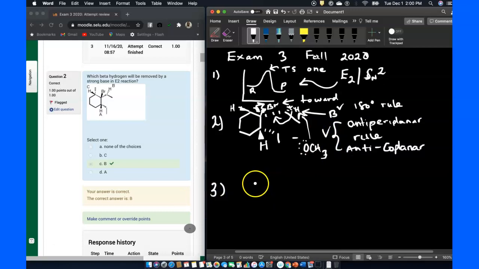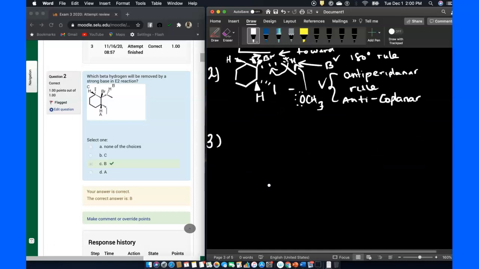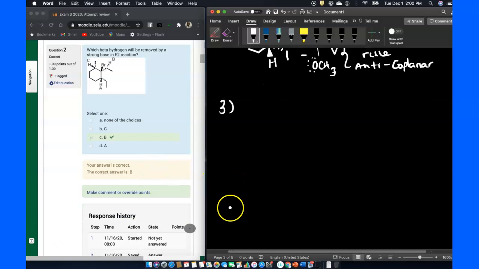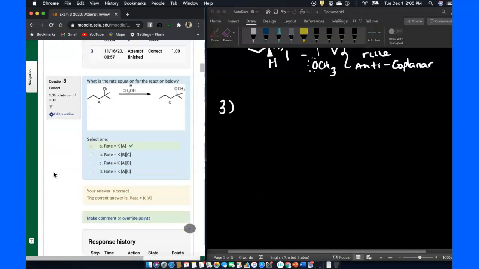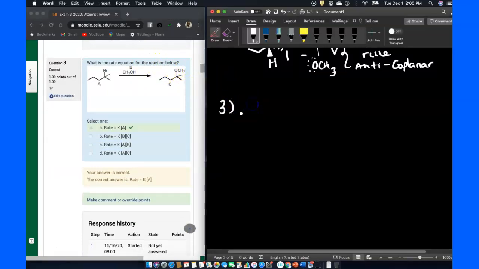Okay, question 3. What is the rate equation for the reaction below? The only way to tell the rate equation is to look at what you're provided. Obviously, this is a tertiary alkyl halide, which should not do SN2 because it's hindered on the backside.